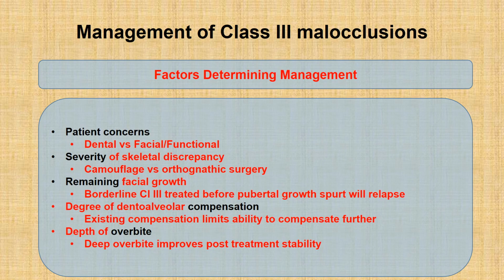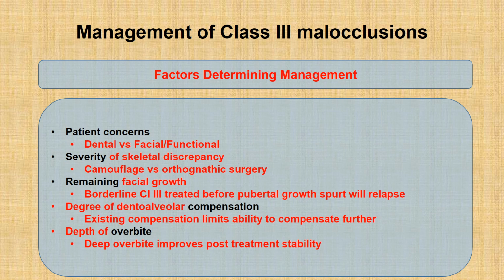Let's have a look at management of class 3 malocclusions. There are a few factors that we need to keep in mind when managing class 3 malocclusions. One is the patient's concern. Now, the class 3 malocclusion may be dental or skeletal, and what you treat will depend on what the patient wants.